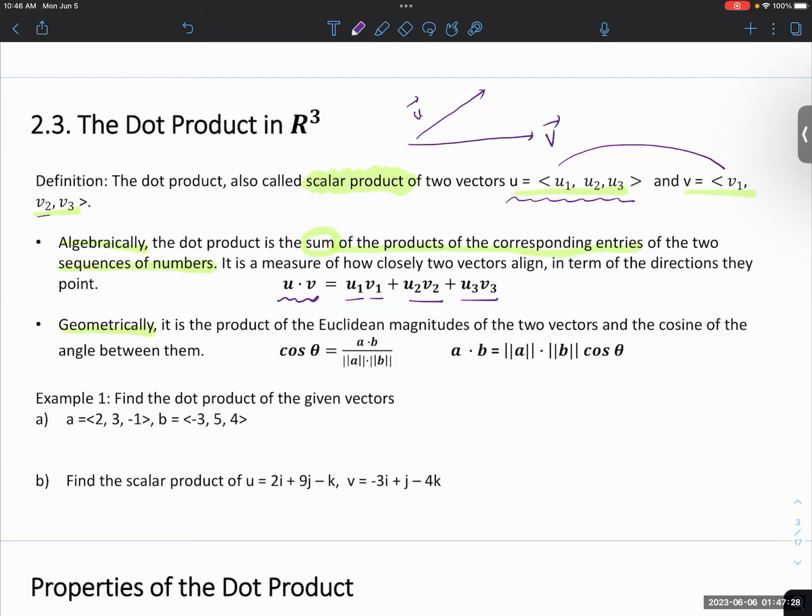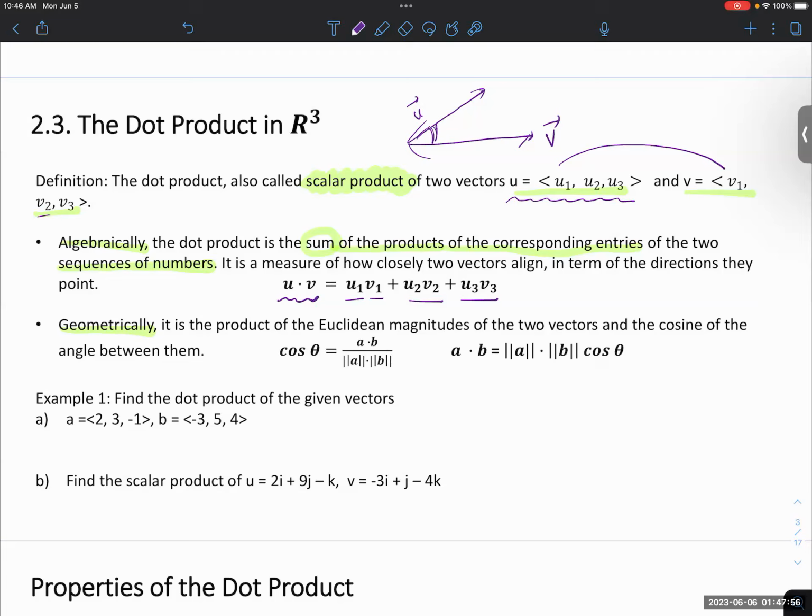Whenever you look at the dot product, they create an angle between the two vectors U and V. Geometrically, the dot product means you're multiplying the length of U times the length of V, and at the same time, they're creating the angle.